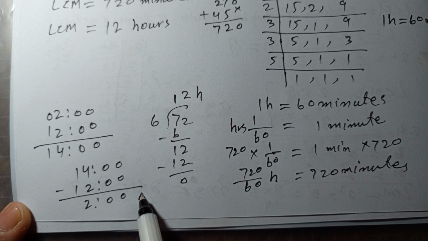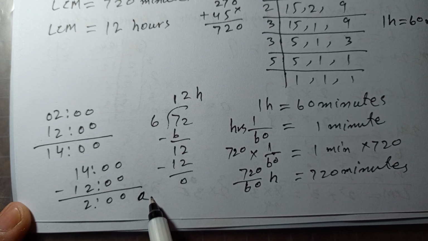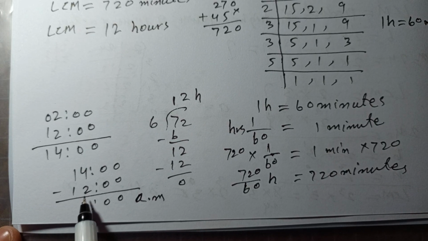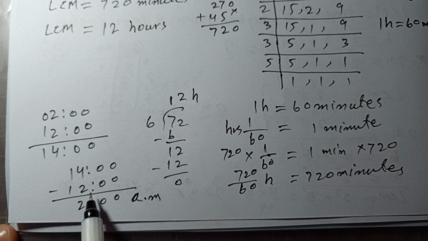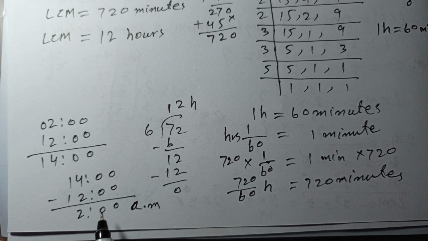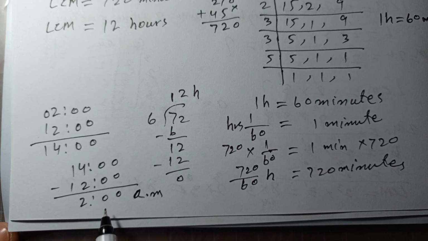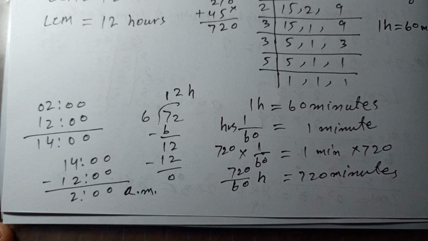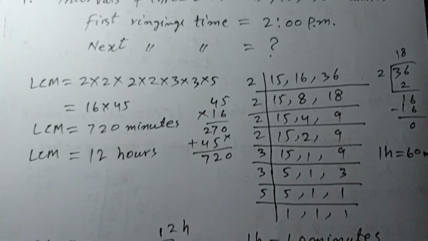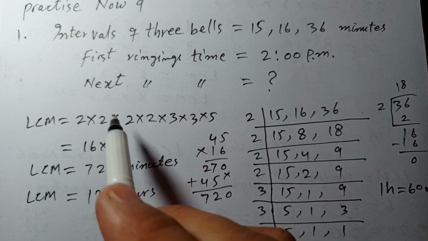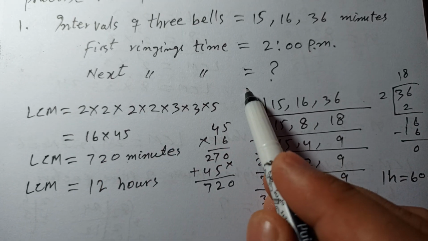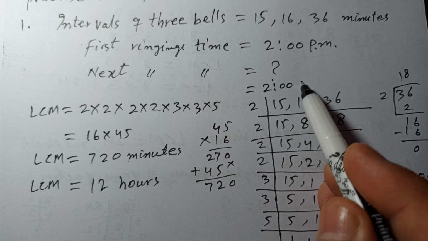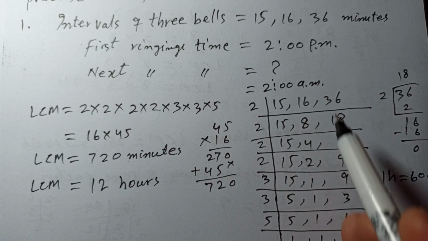You will write here AM, because the next day has started, as we have subtracted 12 here, and you will write here 2 a.m. on the next day. So from this discussion, our answer is, dear student, 2:00 a.m.